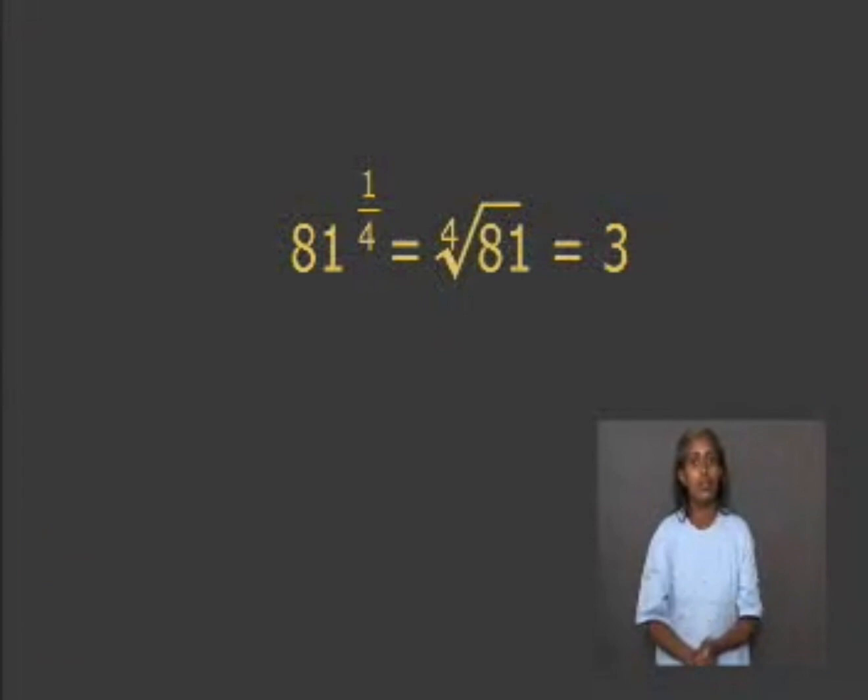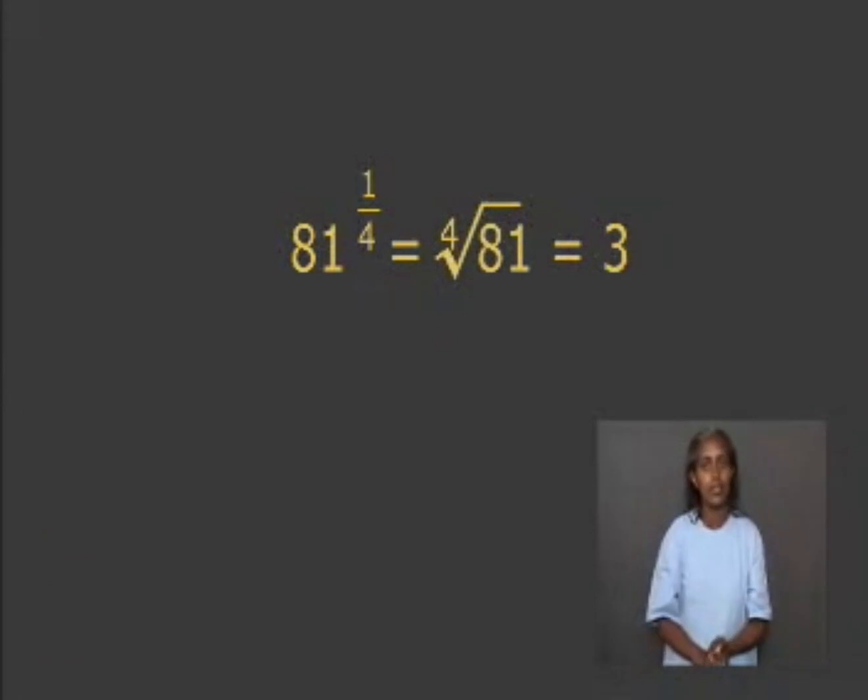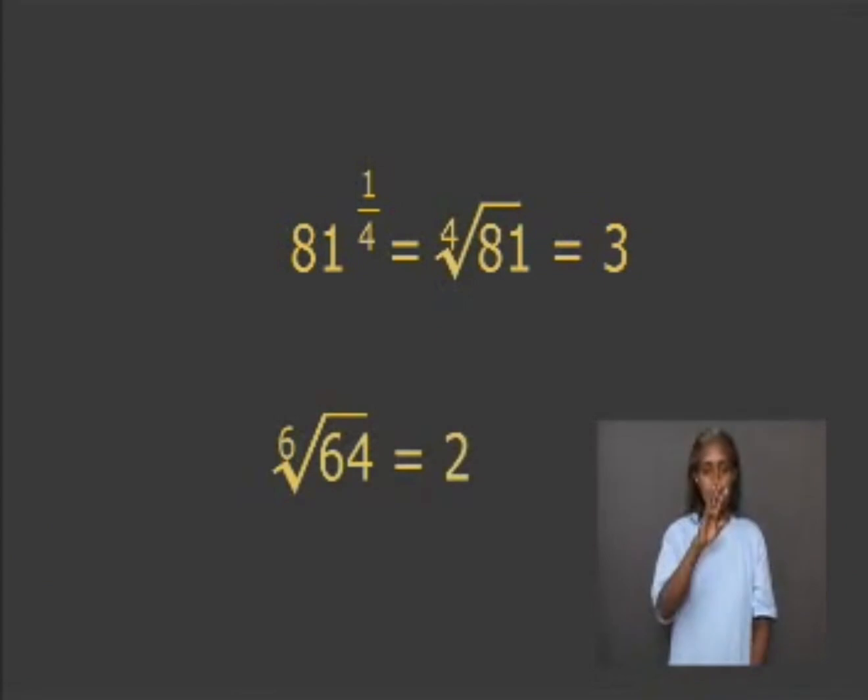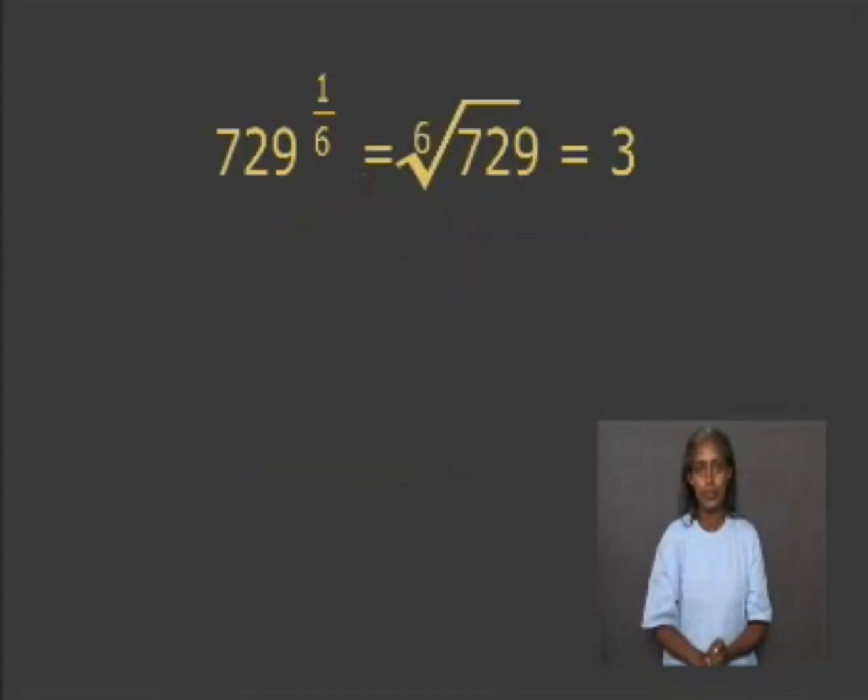The fourth root of 81 is 3. The sixth root of 64 is 2. The sixth root of 729 is 3.